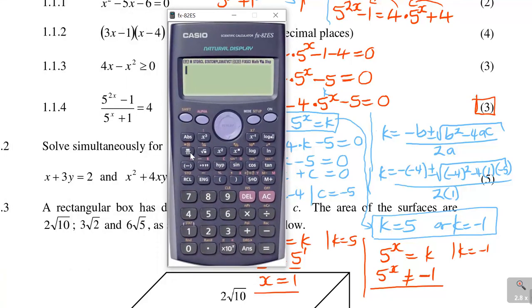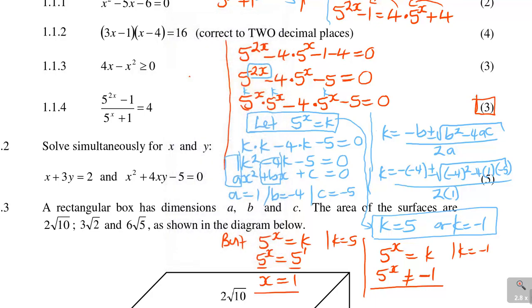So you've got fraction 5, remember x is 1, 5 to the exponent 2, that's where the value of x was, minus 1 over 5 to the power of 1 plus 1. This one must just give you a 4. So you see, it's correct.